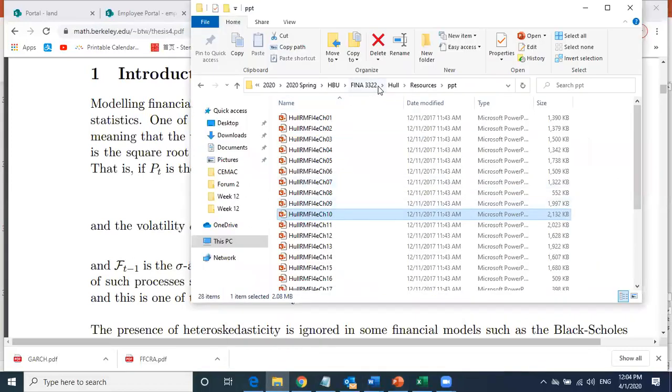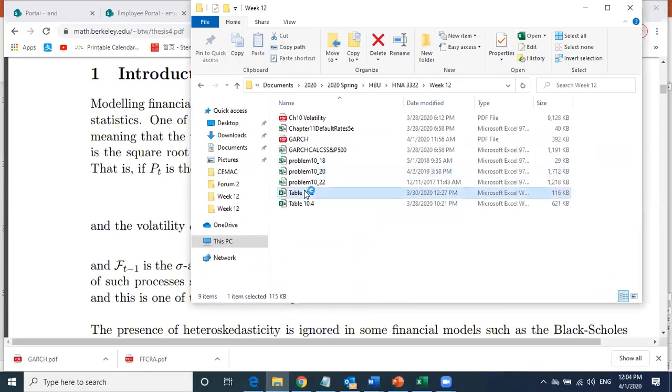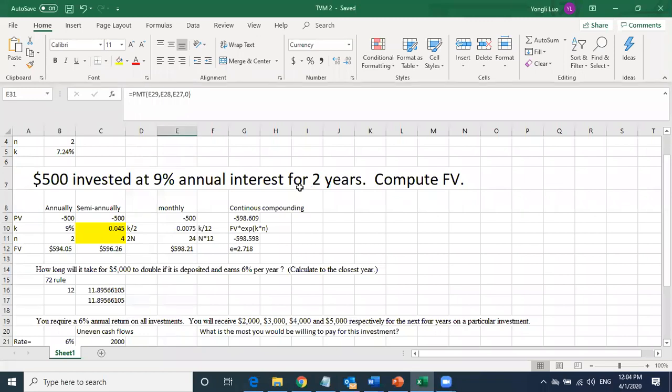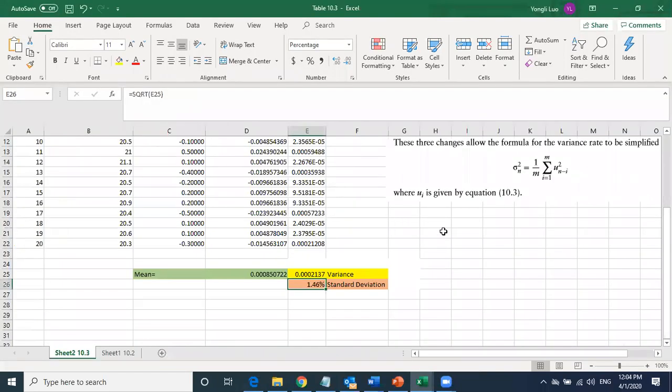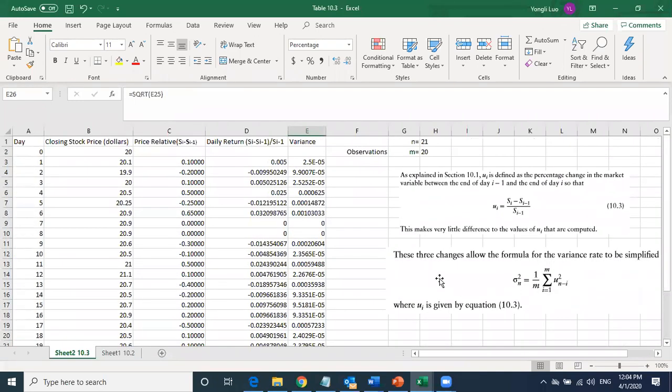So we can go back to see what we did last time. We take the variance, so we just square the daily return, and consider it to be the measure of the volatility.